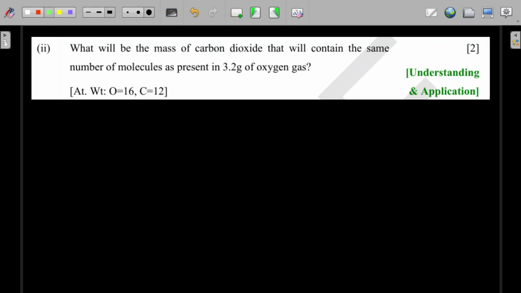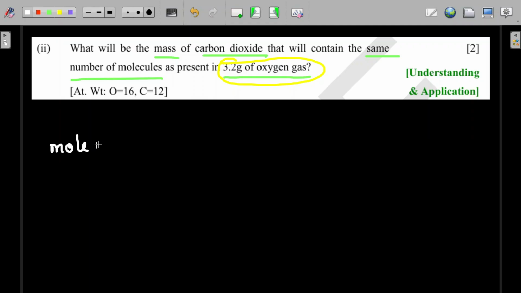They are asking us to find the mass of CO2 which will contain the same number of molecules as present in 3.2 gram of oxygen gas. How do we know how many molecules are there in 3.2 gram of oxygen gas? We don't know that. But we know 1 mole always has the same number of molecules, whatever the substance is. So what you have to do first is find the number of moles for 3.2 gram of oxygen gas. So the simple formula, you remember, you have to use it everywhere.